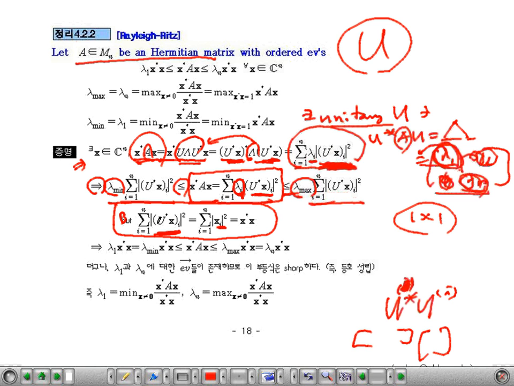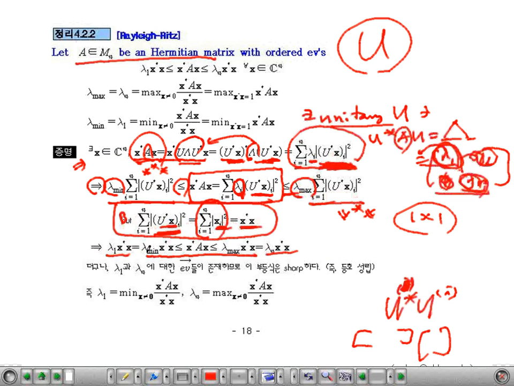The length of this is the same as the length of vector x. And you just add it. What that means is it's the inner product of x, isn't it? So you can rewrite it as this, and this one is the same. So what you have is this.